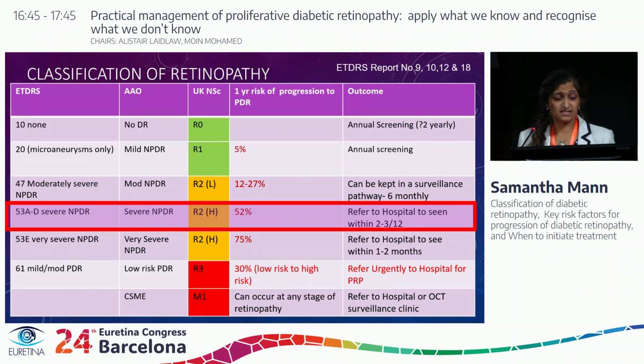The one to remember is the severe non-proliferative retinopathy level, which in the English national programme is R2H, or high risk R2. 52% of these will then progress within a year to PDR, and this is the level at which patients are referred into the hospital eye service in the UK to allow more frequent monitoring. Don't forget that at any stage they can have maculopathy, and then that needs to be monitored either in an OCT programme or in the hospital clinics.